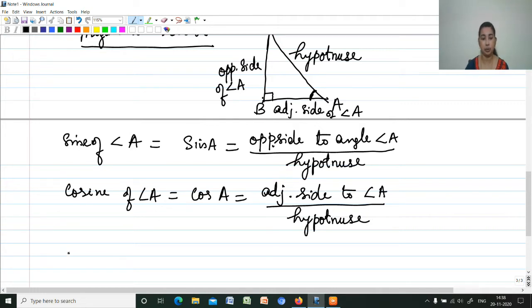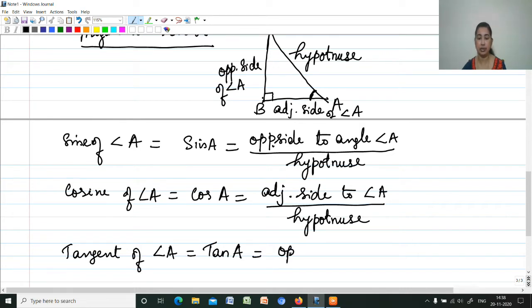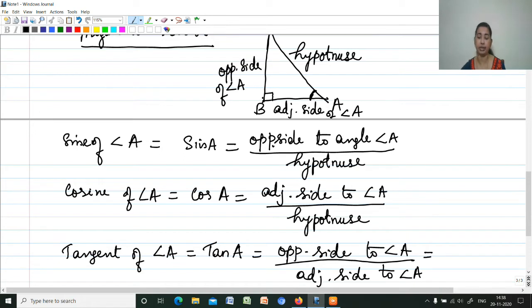The third ratio is tangent of angle A. In short we write tan A, and it is the opposite side to angle A divided by the adjacent side to angle A. Or we can write it as sin A divided by cos A, which is also tan A. So these are the three ratios.